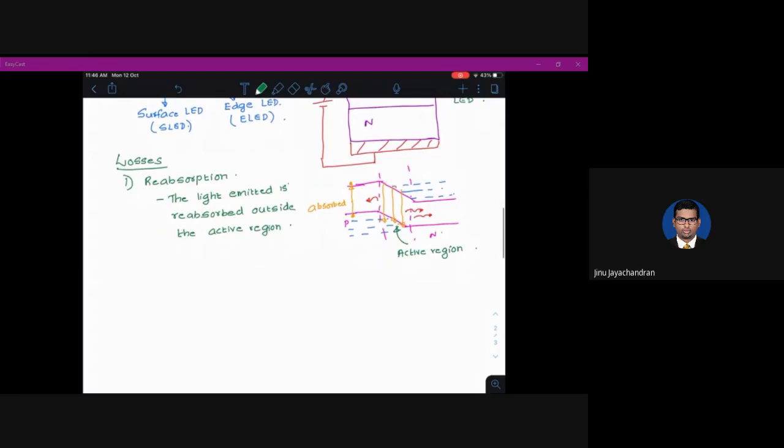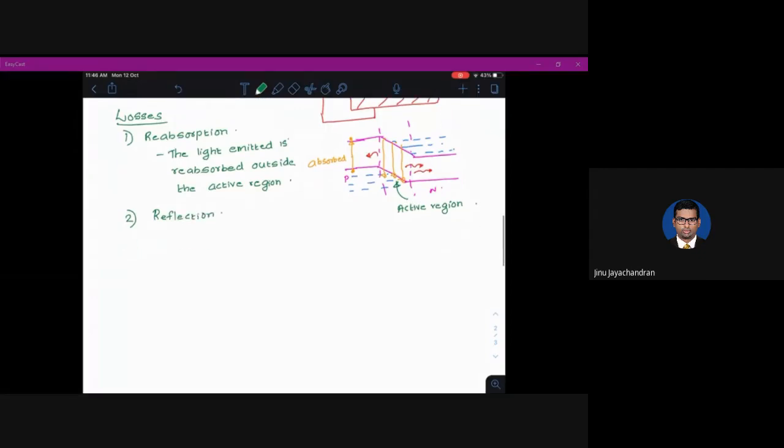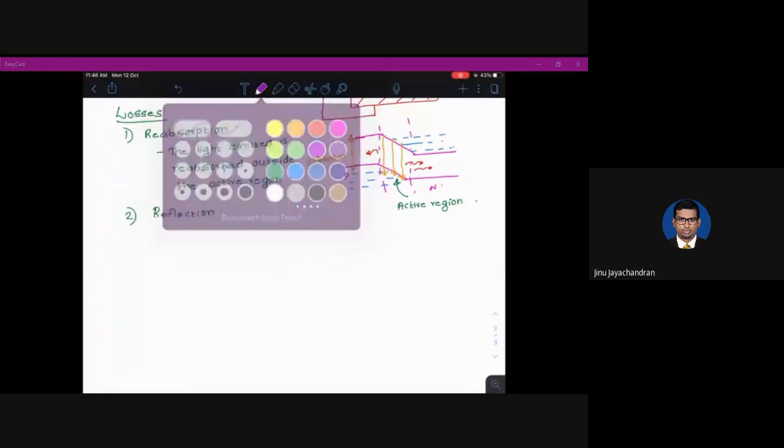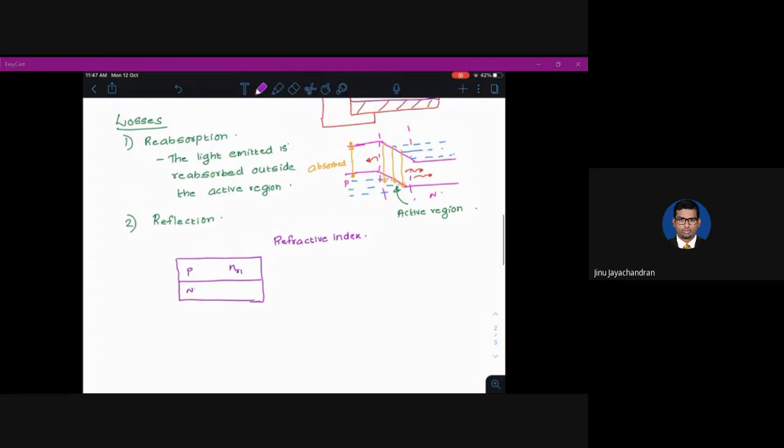Now, the second loss that we said earlier is because of reflection. Let's explain why that is. In the PN junction, this is a semiconductor, and all materials have something called a refractive index. So the PN junction will have a refractive index, let's say NR1. Now outside the PN junction is air.